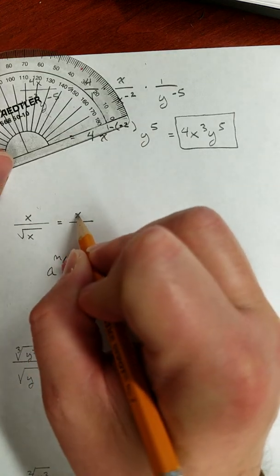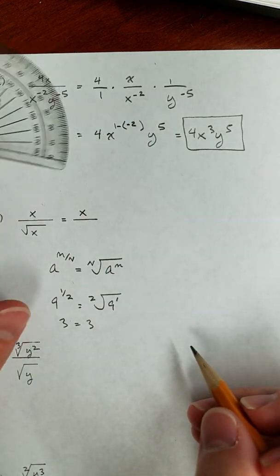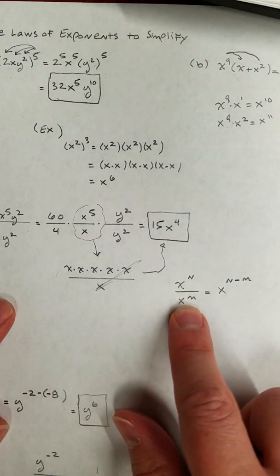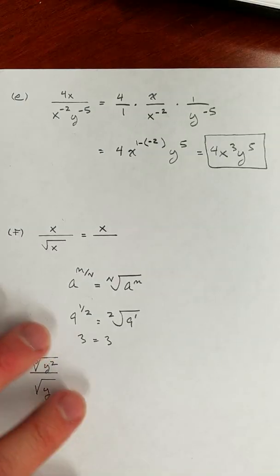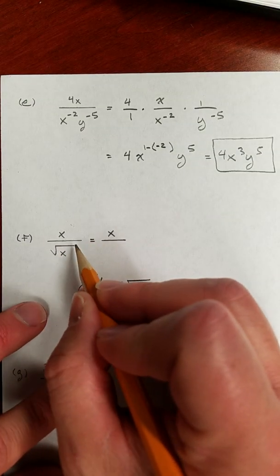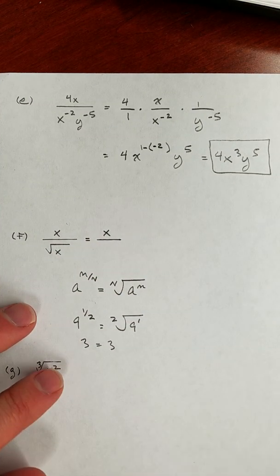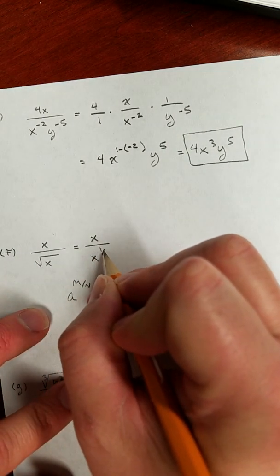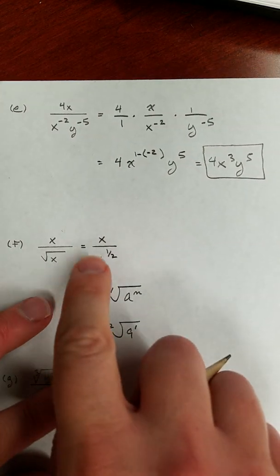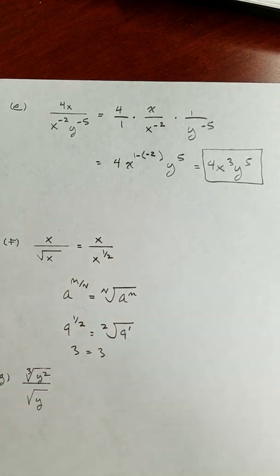This would be x over, you remember those rules we were using? They deal with exponents. In the heading of the question, use the laws of exponents. So I want to see this as an exponent. I want to have that flexibility. I don't have to see it as an exponent, but I think it might allow me to do something with this.